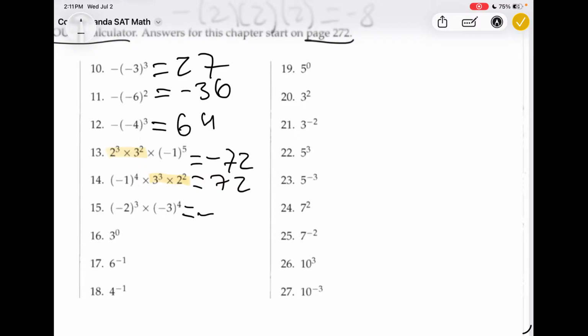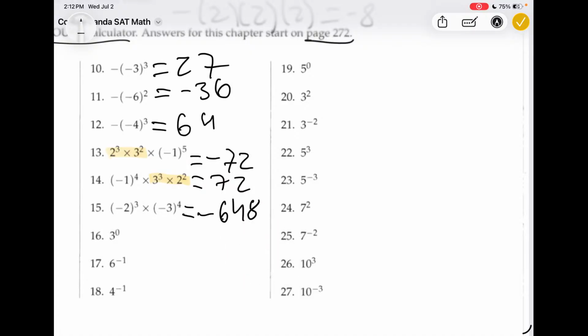I'm not using it to figure out the polarity, I'm just using it to figure out what 3 to the 4th is. 3 to the 4th is 81. 81 times 8, but it's going to be negative. It's negative 648. It's a big odd number.